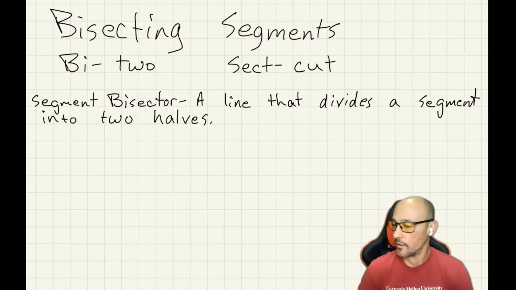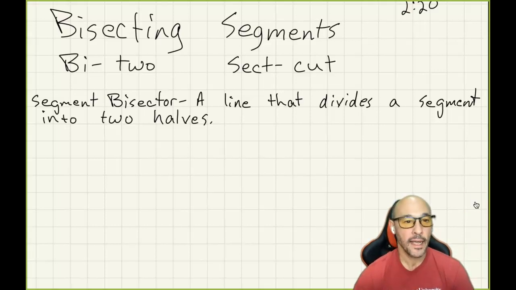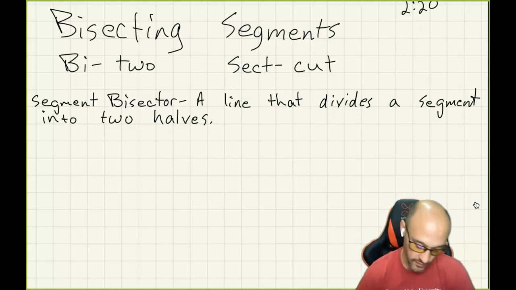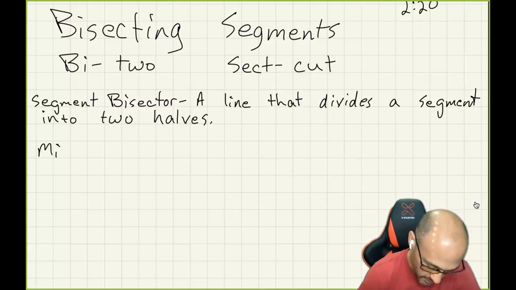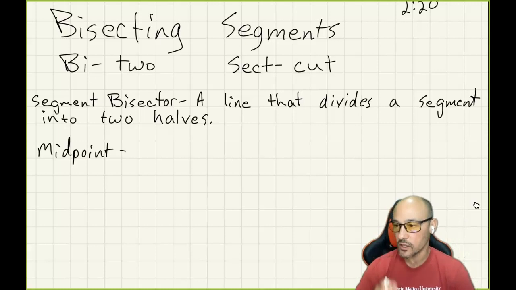Into two halves. All right, so that is a segment bisector. It could be a line. It can actually be a point, a segment, a ray that divides a segment into two equal pieces. When you do this, the bisector lands on the midpoint. So I'll show you what that looks like when we do the construction.